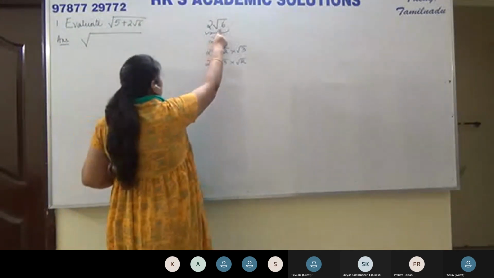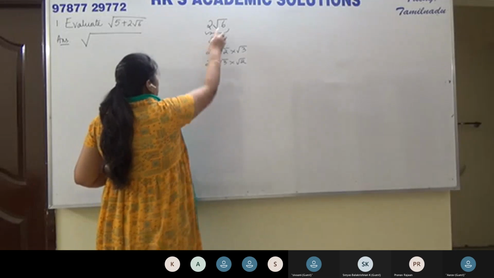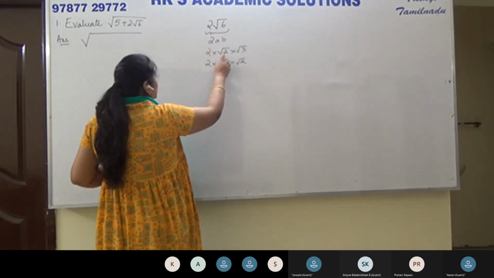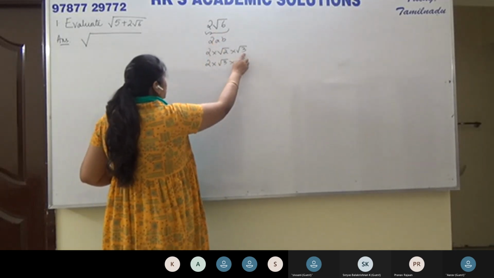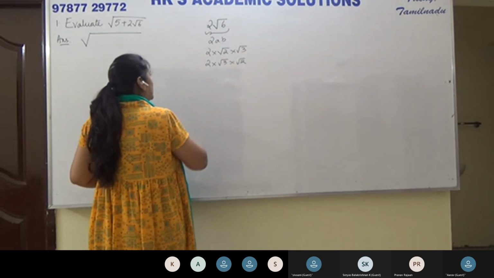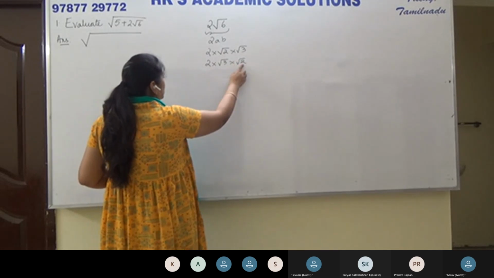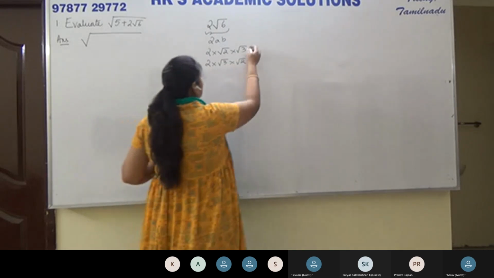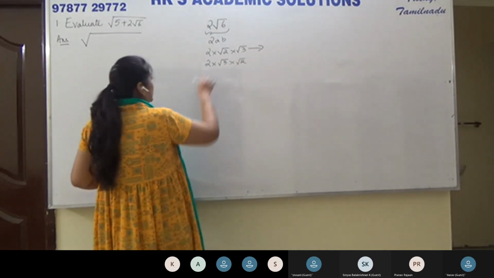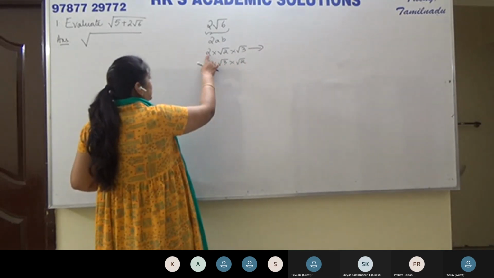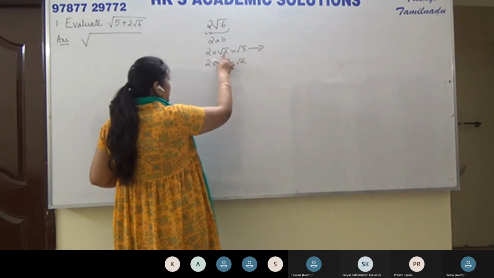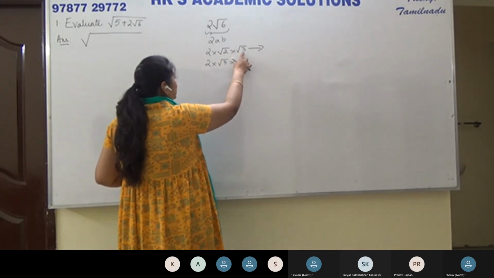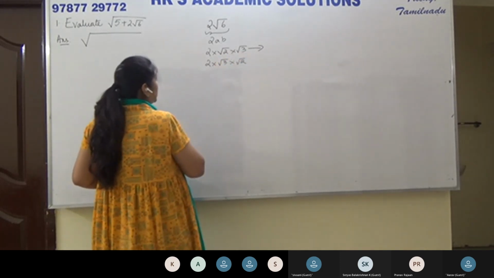We're looking at this as the 2ab term. Now 2 root 6 can be written as 2 into root 2 into root 3. Root 2 into root 3 is root 6. Or you can write this as 2 into root 3 into root 2, either way. So let's just go with this. Read this as 2ab, where a is root 2 and b is root 3.